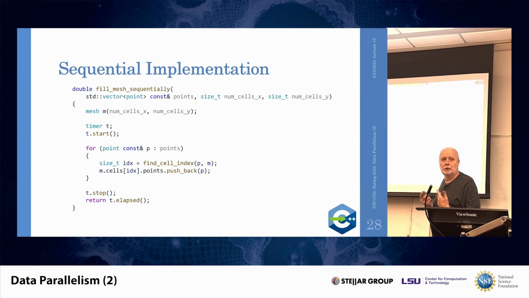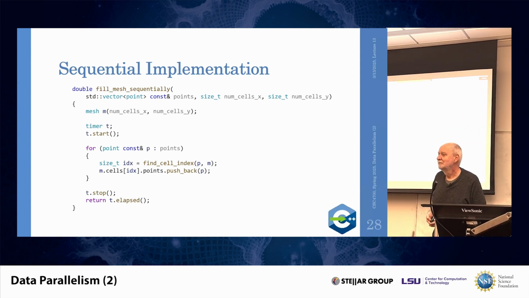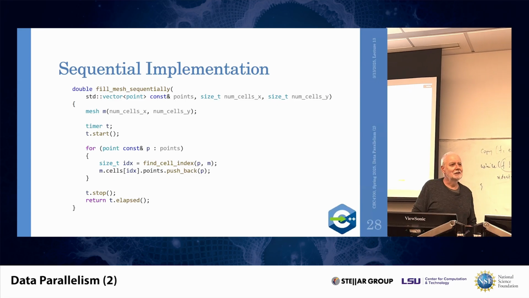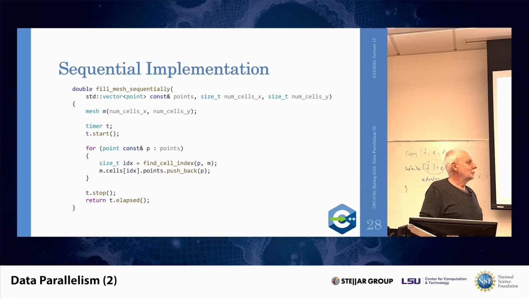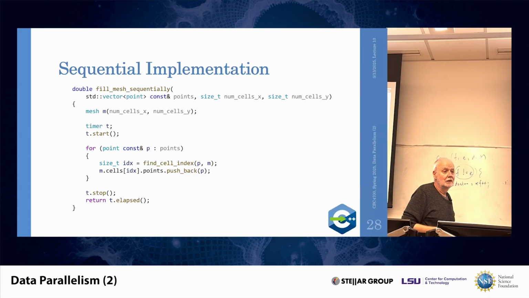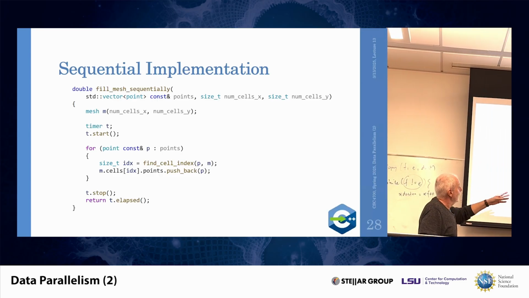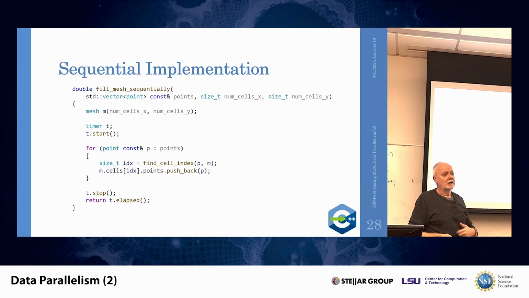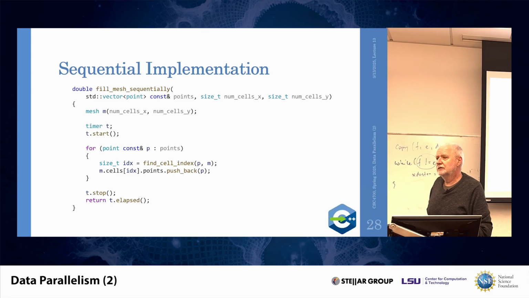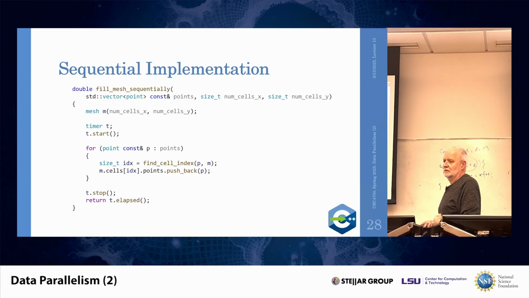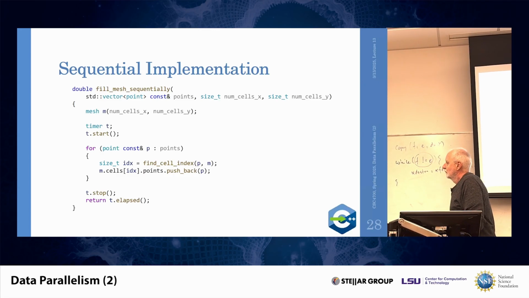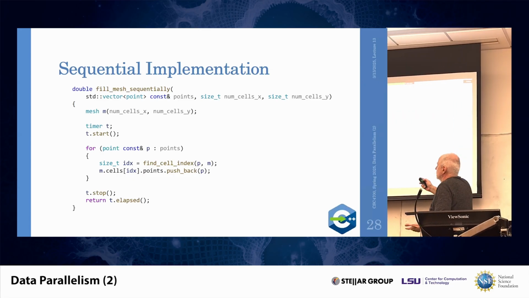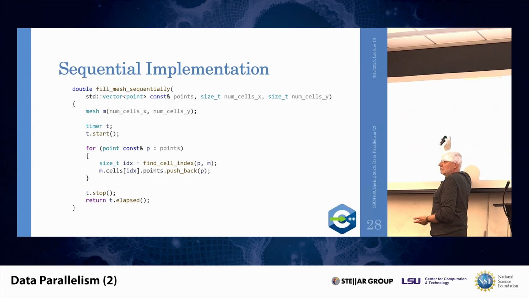Okay. How would you parallelize it? Any ideas? What can I do to parallelize this algorithm? To associate all the points concurrently to their respective cells. Well, the easy solution is just, hey, let's parallelize that loop.